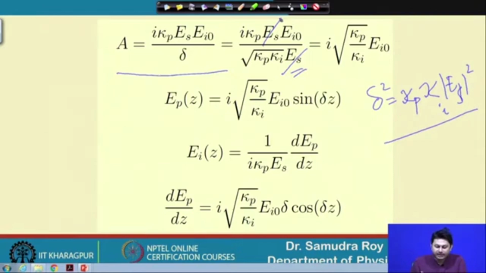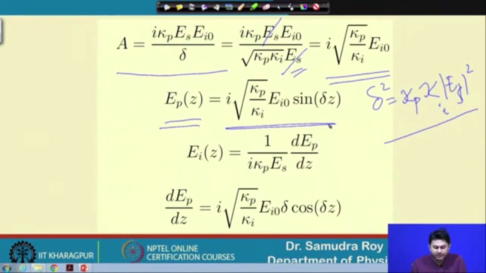So, A finally becomes i root over of kappa p divided by kappa i Ei(0). So, EP finally I find is something like this, root over of kappa p kappa i Ei(0) sine delta z. That means it is evolving as a sine function, and at z equal to 0 point this quantity is 0, so all the boundary conditions are valid.